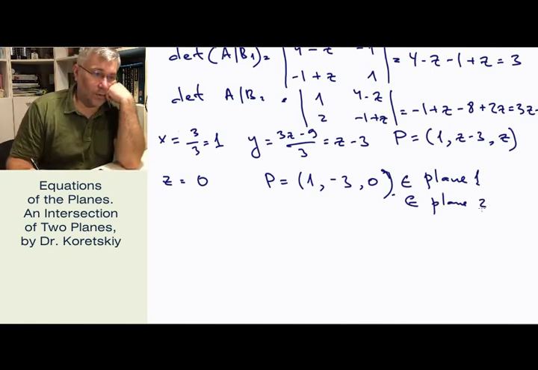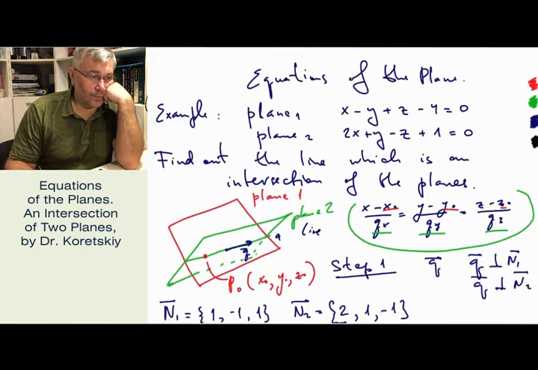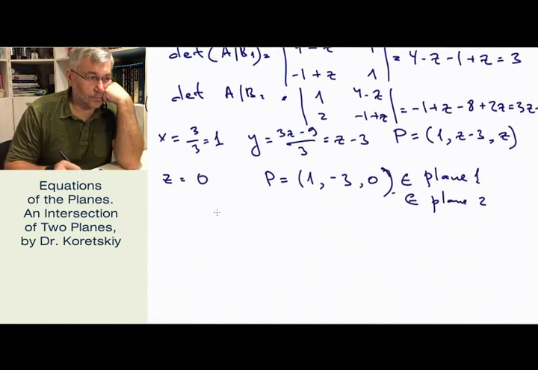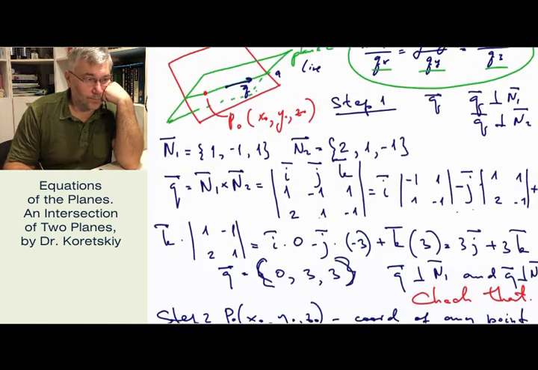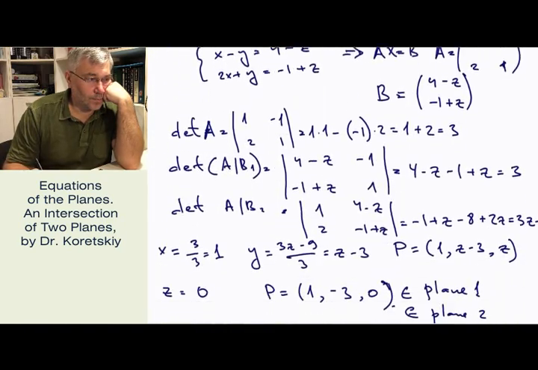We can check it. If you put these numbers into the planes, we have x minus y plus z minus 4 equals 0, and the second one 2x plus y minus z plus 1.